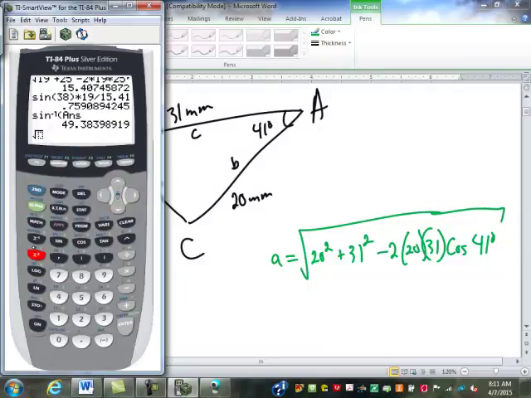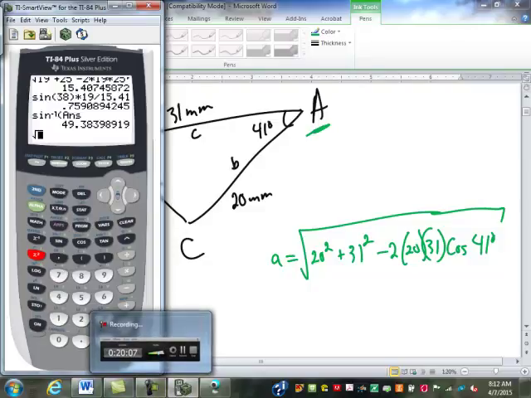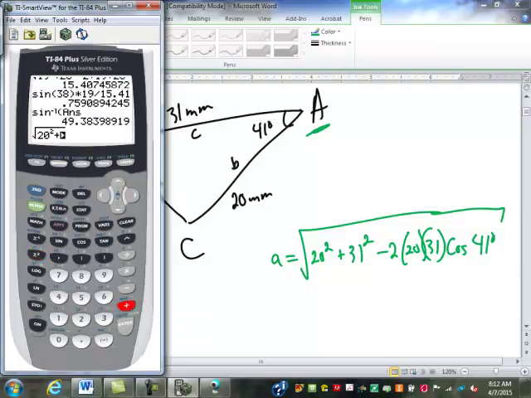If you wanted to redo them to make this angle C so it's easier to put in the formula, that's fine. But you could just put the numbers in the formula, it's not such a big deal. We get that A is 20.62.